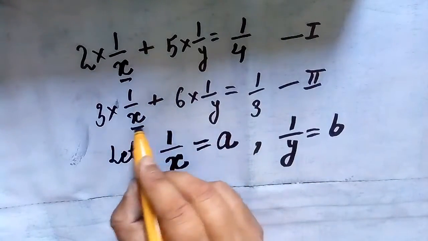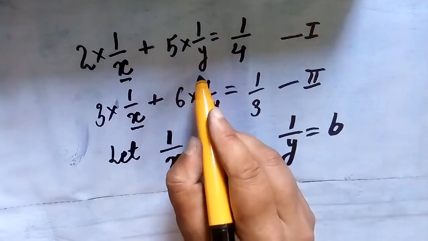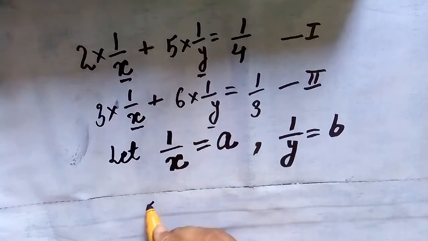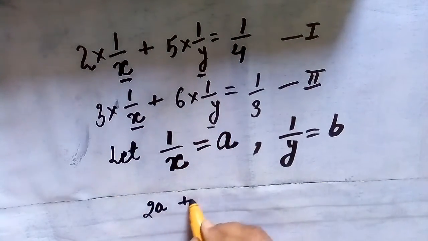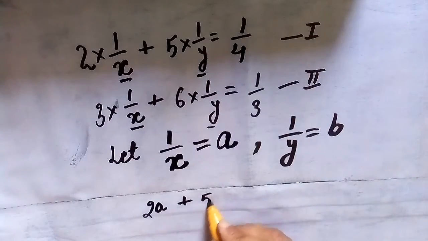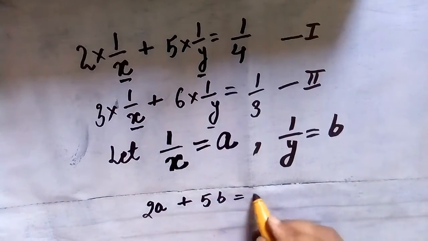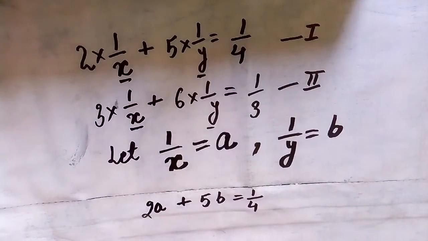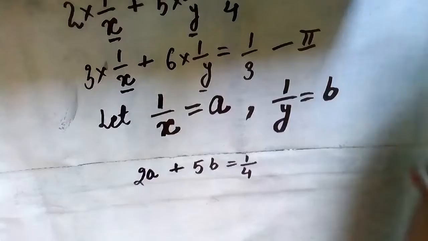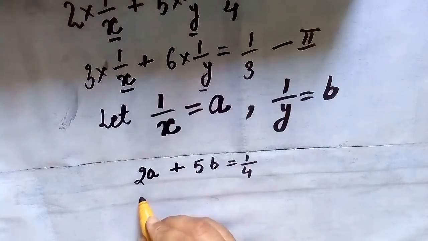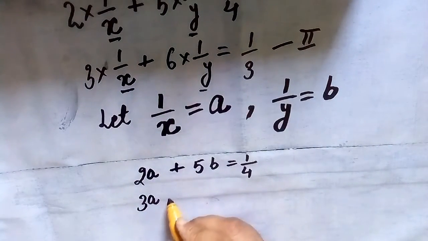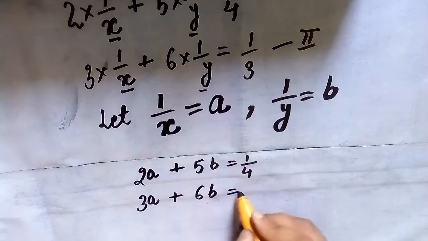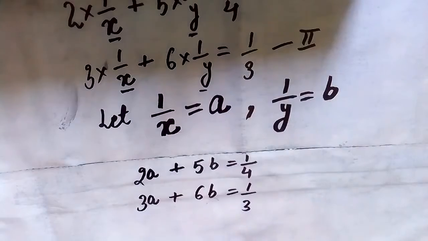Remember, 1 upon x is common in both equations and 1 upon y is also common in both equations. So the first equation becomes 2a plus 5b equals 1 upon 4, replacing 1 upon x with a and 1 upon y with b. Same in the second equation, it becomes 3a plus 6b equals 1 upon 3.